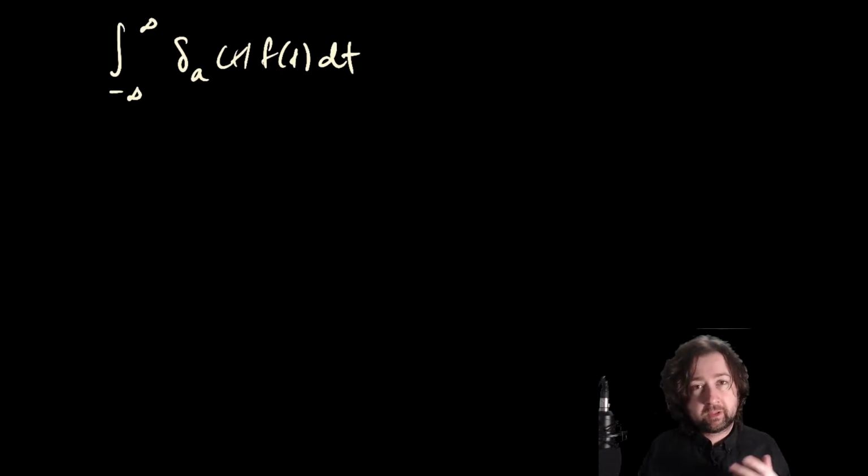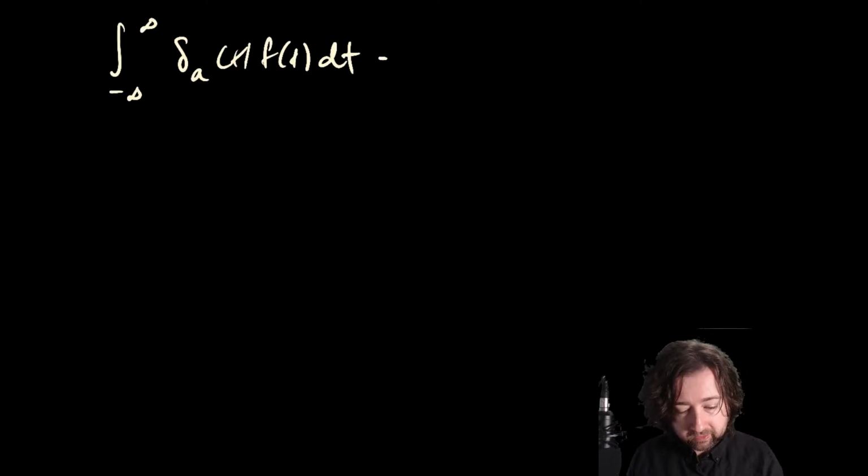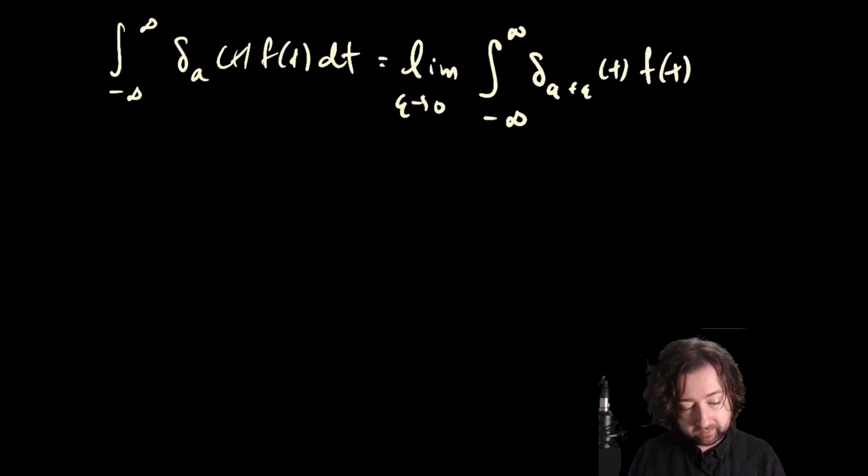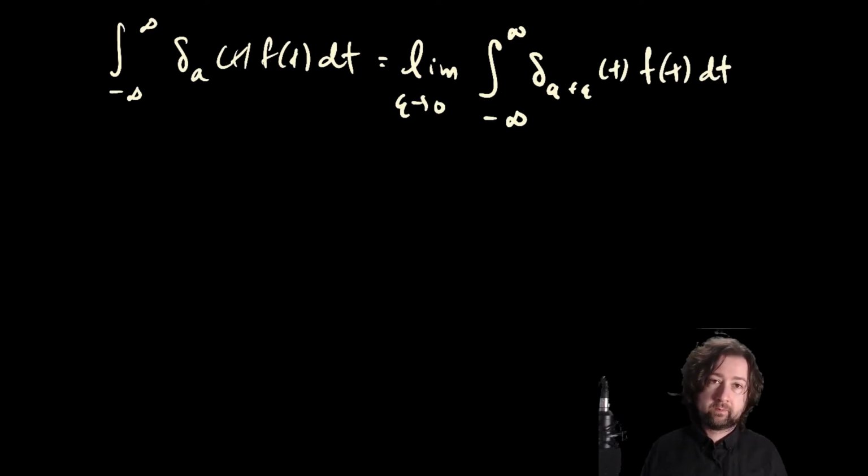Instead, I'm going to use the same limit trick that I used before. I'm going to think of this as being equal to the limit as epsilon goes to 0 of the integral from minus infinity to infinity of delta a plus epsilon of t times f of t dt. So what does that mean?